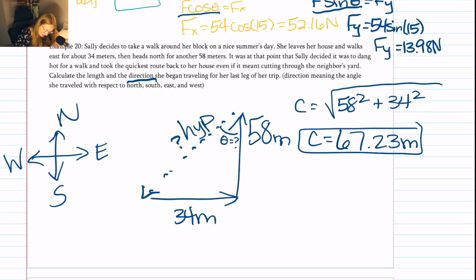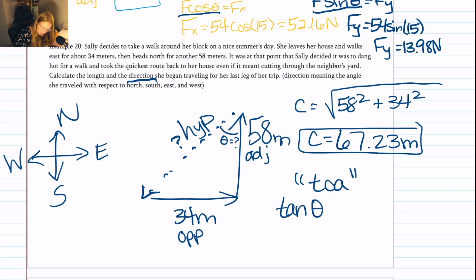Okay, now it also wants the direction. So when it asks for direction, it's looking for that angle. So to find a missing angle, we're going to have to use a trig function. If we're looking at this angle, this is the adjacent side, and the 34 is the opposite. So we're given adjacent and opposite. That's abnormal. Usually we were given the hypotenuse. So let's think adjacent, opposite. That's going to be TOA, tangent is opposite over adjacent. So we're actually going to use tan. Tan of the angle, which I do not know, is opposite over adjacent.